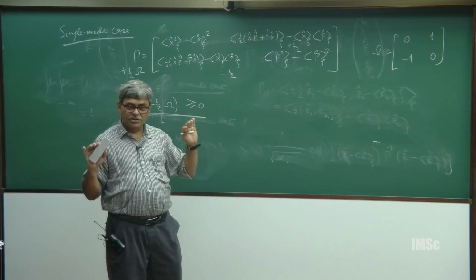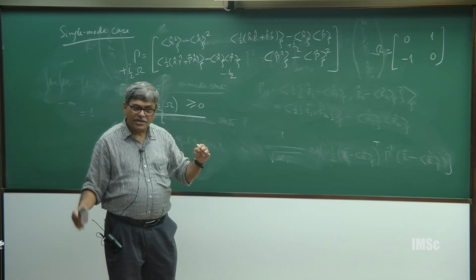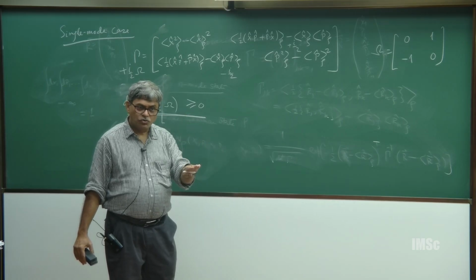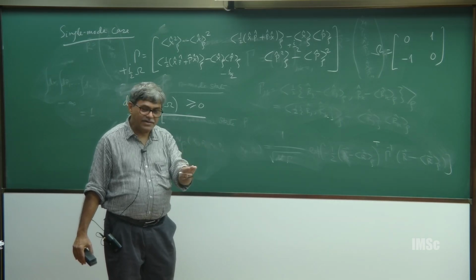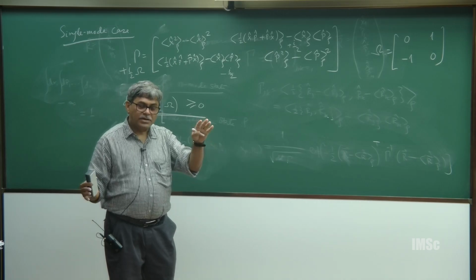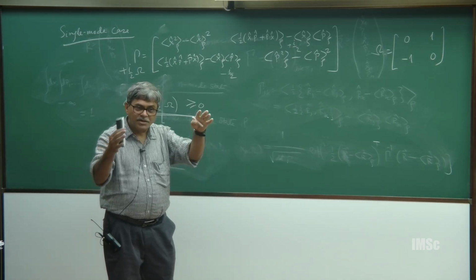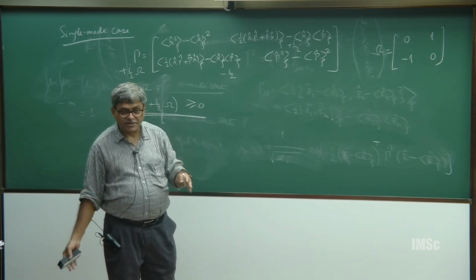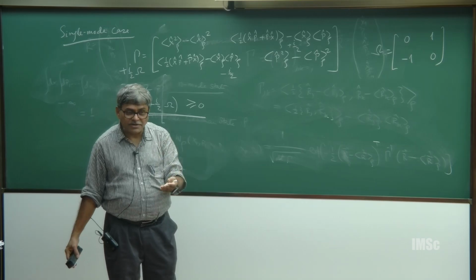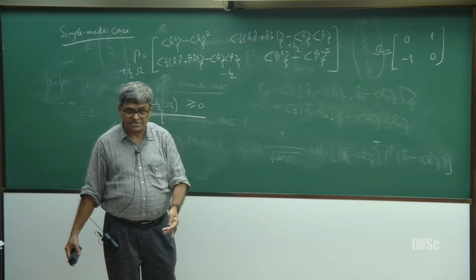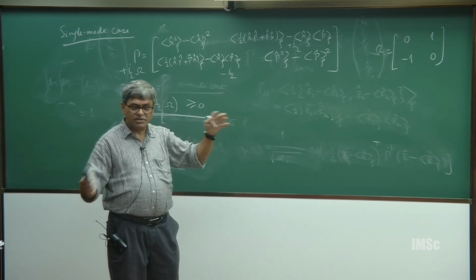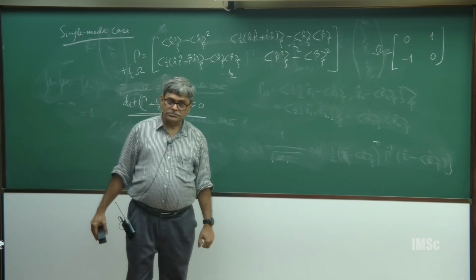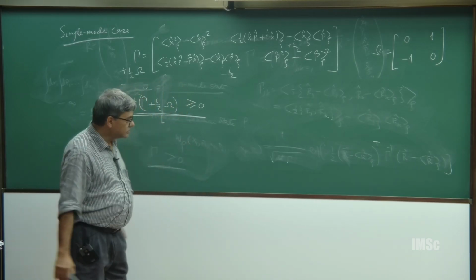Similar thing here: you can cast every n mode state to a canonical form, which is basically a tensor product of single mode thermal states. Once you prove the uncertainty relation for each such uncoupled single mode thermal state, you can prove this thing also.